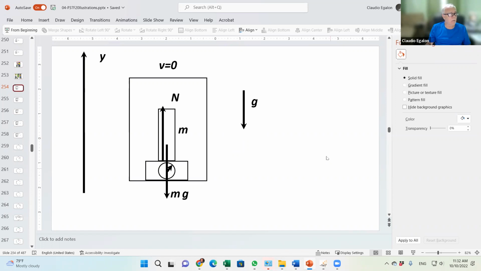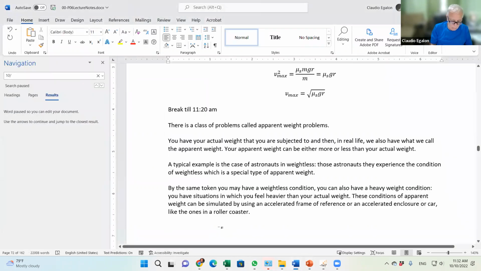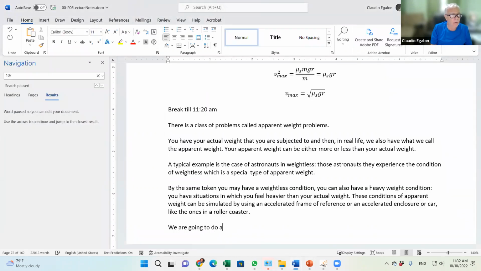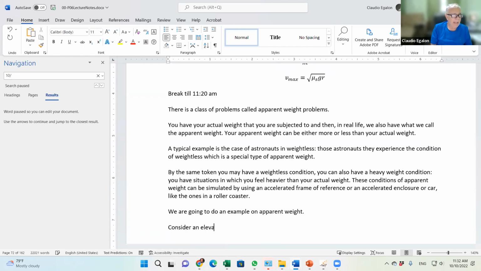Okay, so let's come up with an example here. We are going to do an example on apparent weight. So the situation is the following. Consider an elevator that is accelerated upwards at 10 meters per second square.